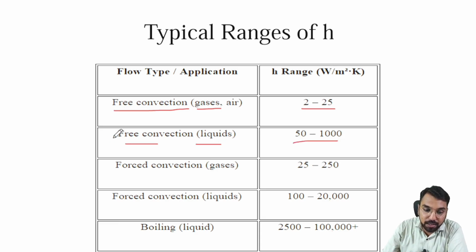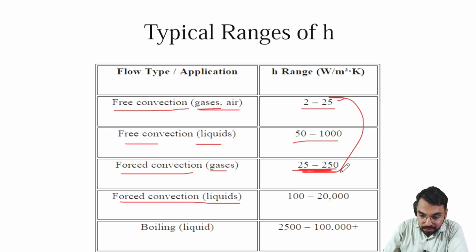So for liquids in free convection, the convective heat transfer coefficient value is more than for gases or air. Forced convection in gases will be in this range, but this value will be more than free or natural convection, and forced convection in liquids will have a higher value than this.